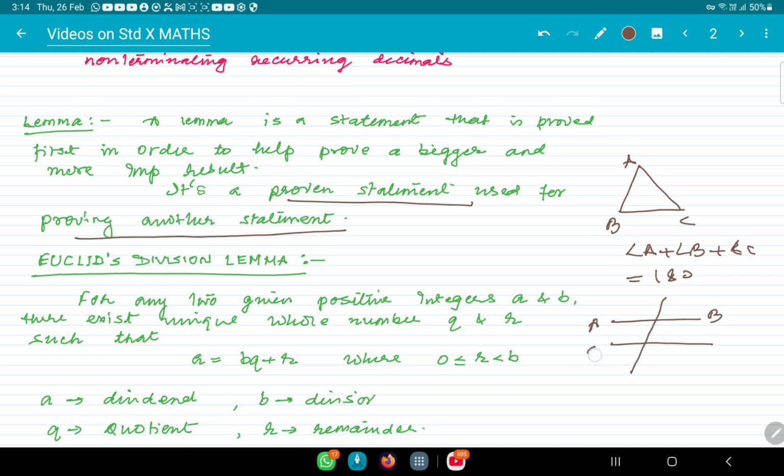AB and CD are two parallel lines, and EF is the transversal. Here angles 1, 2, 3, 4, 5, 6, 7 and 8 are made, and there are different types of angles: co-interior angles, alternate angles, like this. This will be helpful in proving that the sum of all angles of a triangle is 180. Since it is helpful, we can say that it is just like a lemma. Clear?